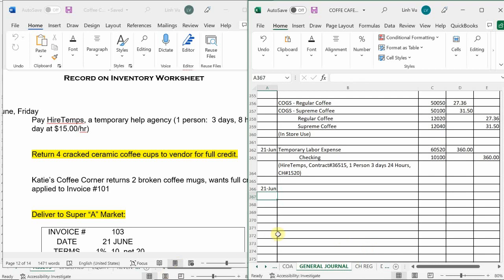Like we said, return on full credit. So how do I journalize this? Where do I get the numbers from?